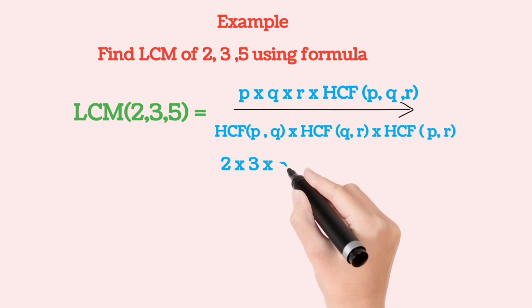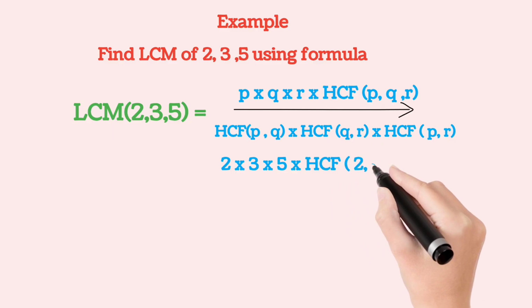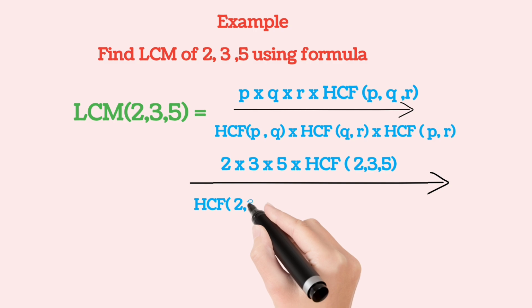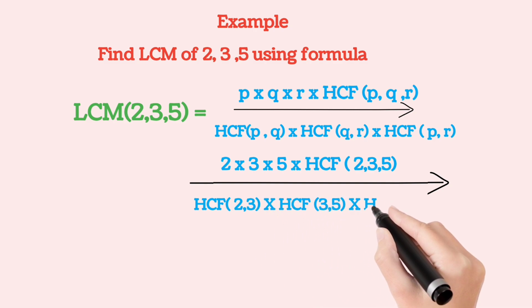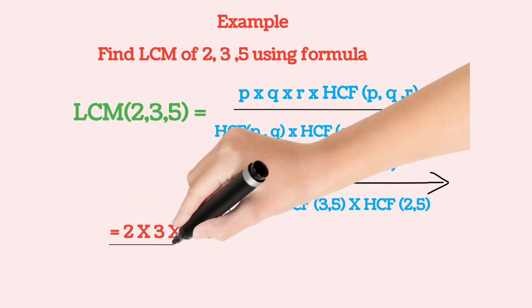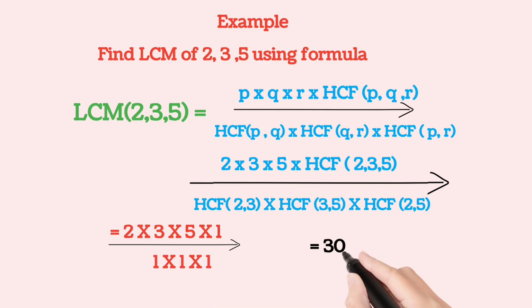That can be written as 2 into 3 into 5 into HCF of 2, 3 and 5 divided by HCF of 2 and 3 into HCF of 3 and 5 into HCF of 2 and 5. As we know, all are prime numbers, so HCF is 1, so 2 into 3 into 5 into 1 divided by 1 into 1 into 1, that is equal to 30.